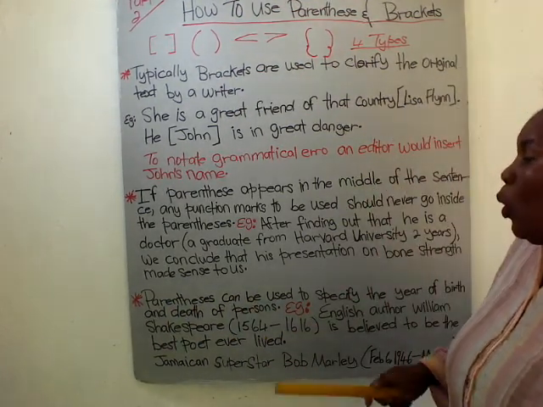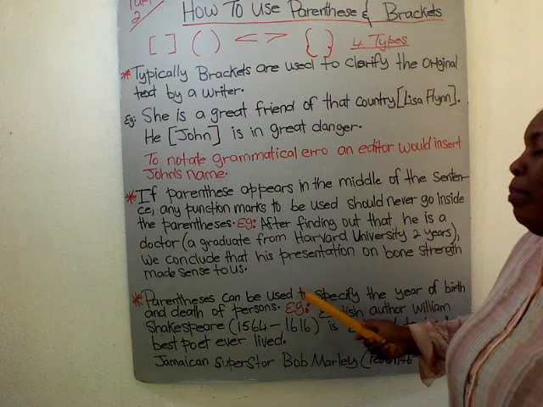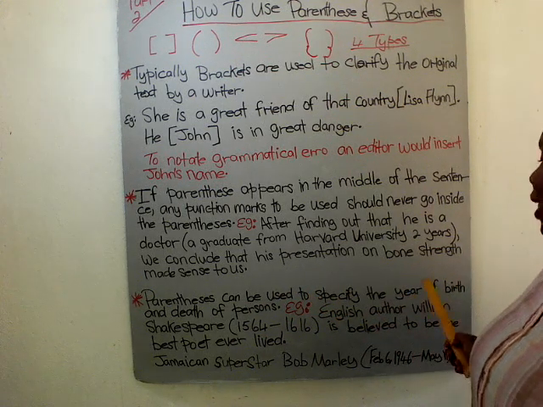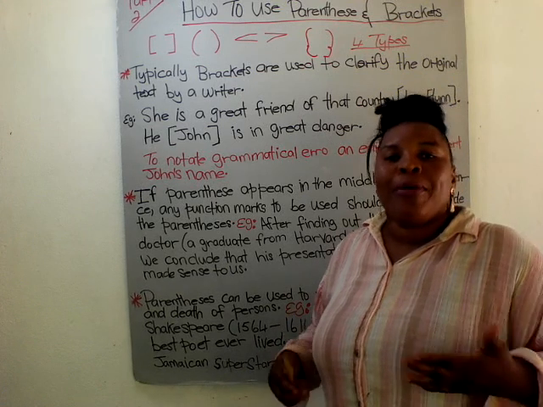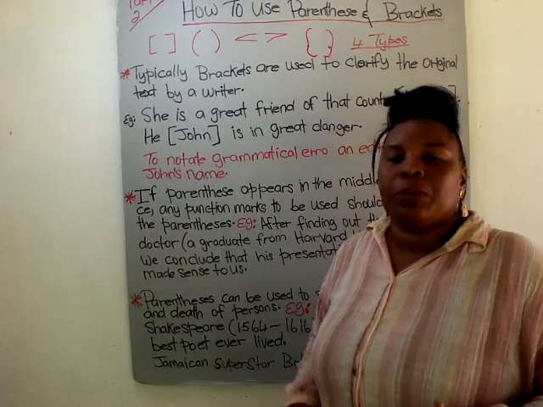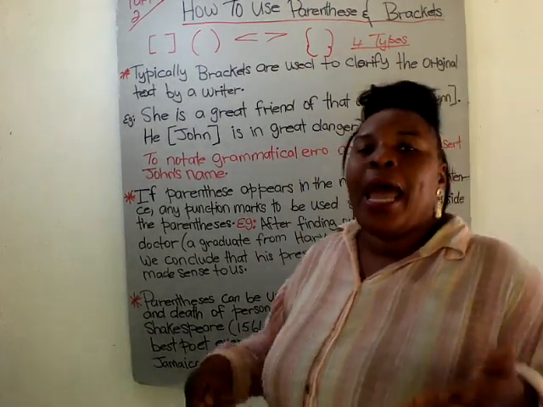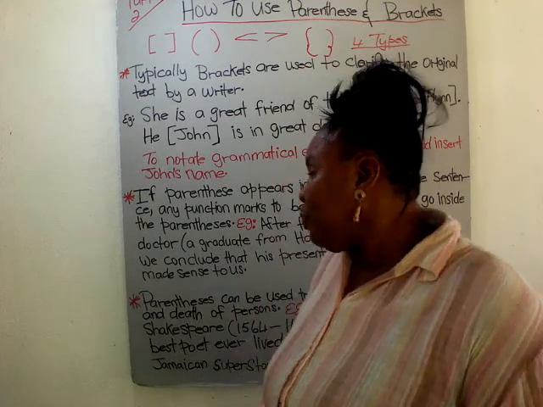Example here, or note, parentheses can be used to specify the year of birth of a person. Parentheses can be used to specify the year of birth of a person.